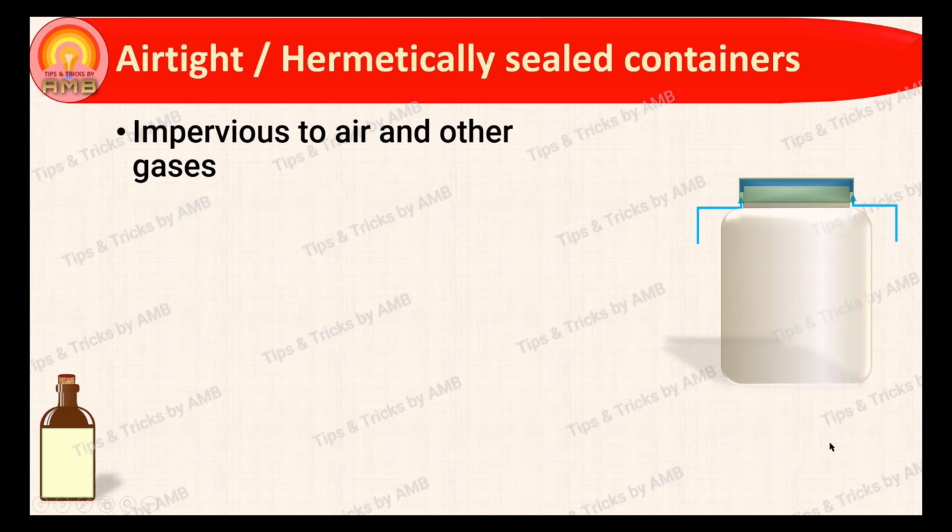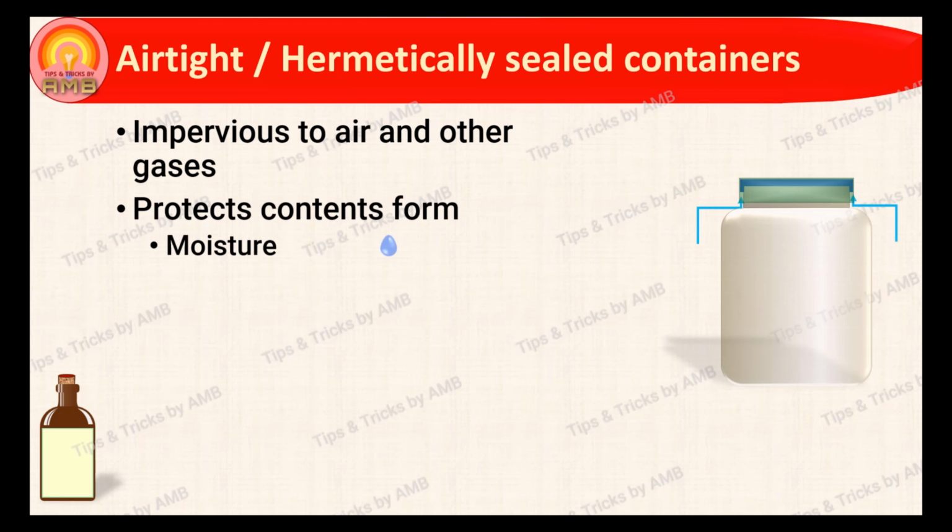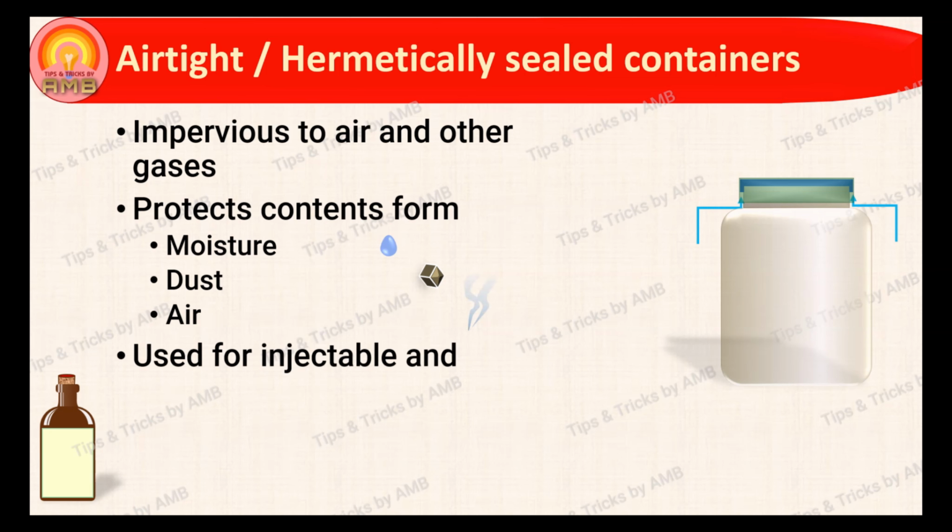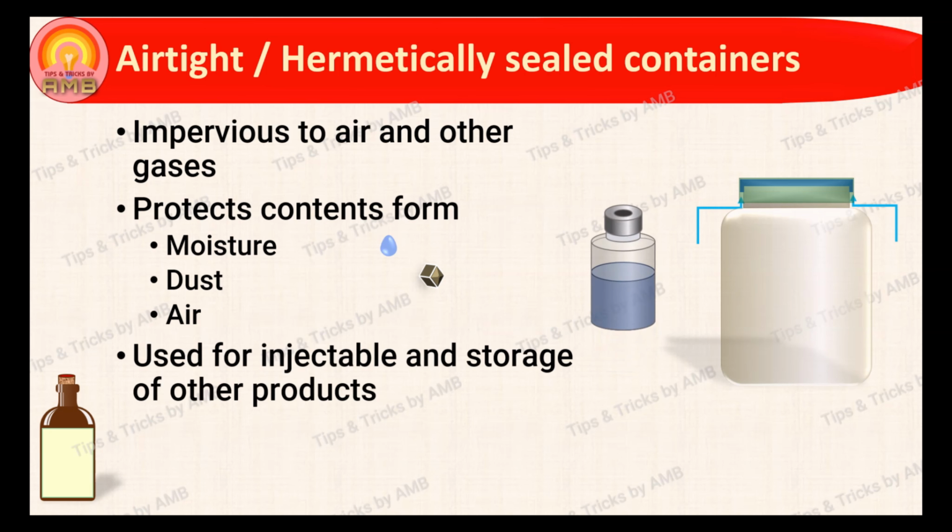Rubber produces airtight sealing. These protect their contents from moisture, dust, and air. Airtight sealed containers are used for injectables and airtight closed containers are meant for the storage of other products.